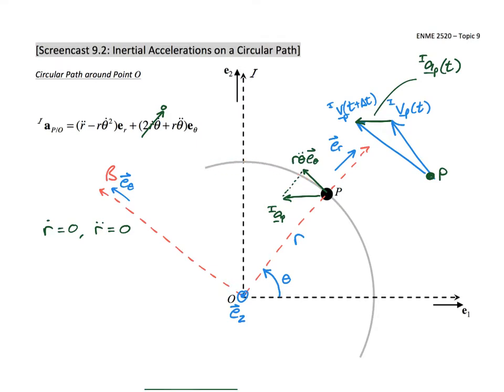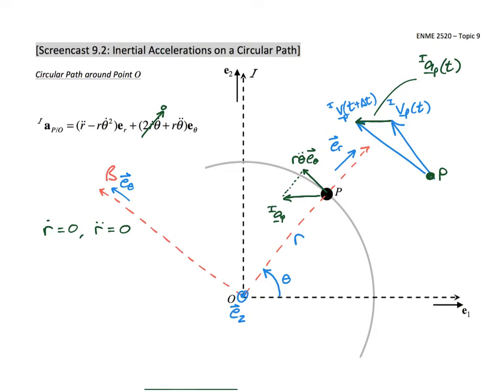Let's understand that by looking at our geometric diagram here, where we have our velocity vectors at time t and t plus delta t. The length of the velocity vector at time t is shorter than the length of the velocity vector at time t plus delta t, and that's telling us that it's speeding up.